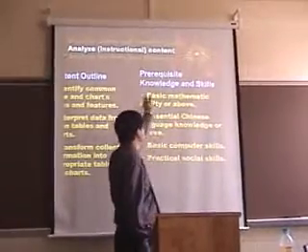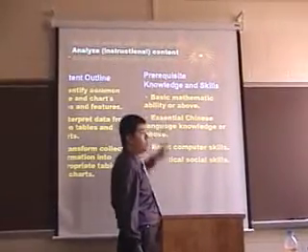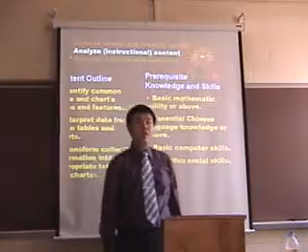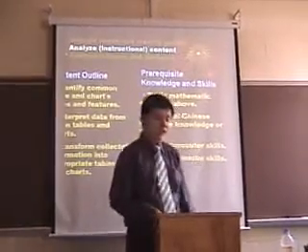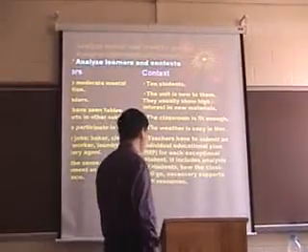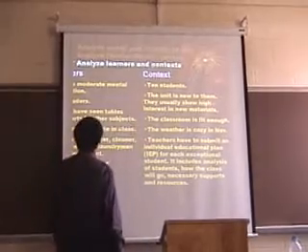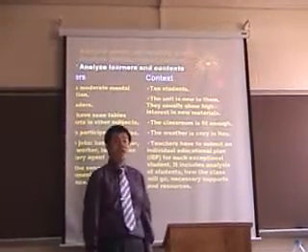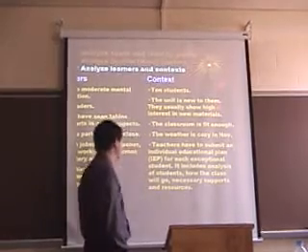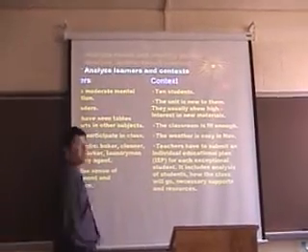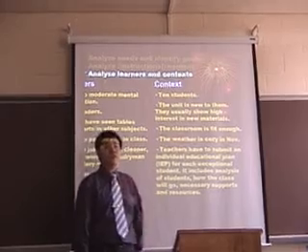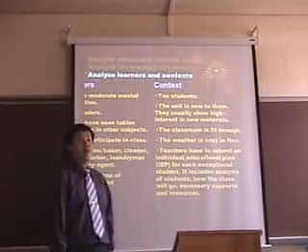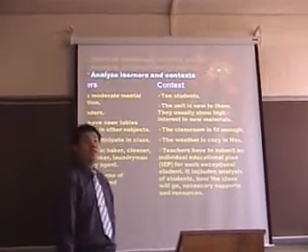And here is the prerequisite skill of this design course. Okay, the next is the analysis of the learner and the content. The learners are 7th to 9th graders, and they have mild to moderate mental retardation.